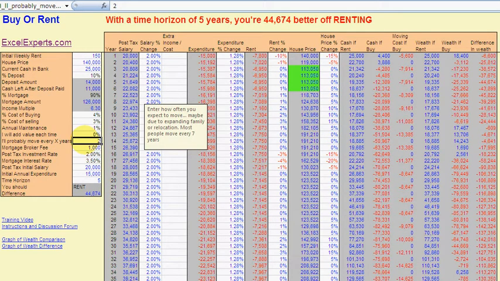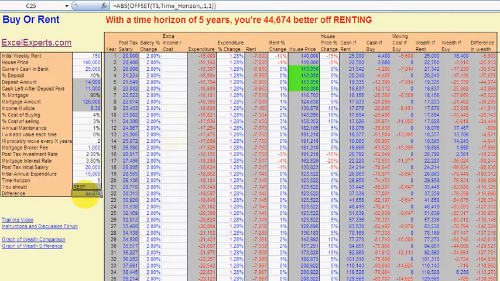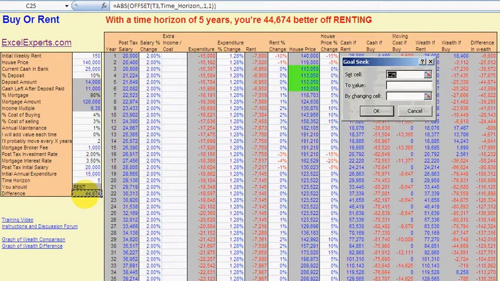Notice, obviously, due to the buying and selling costs, we are almost twice better off renting. But what we're going to do is we're going to add some value. So I'm going to GoalSeek that to 0 by changing the add value each time.